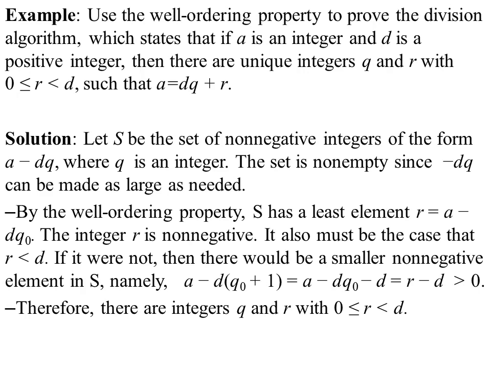Now when you solve this, it leads to a minus dq naught minus d. a minus dq naught we can replace with r, so r minus d will be greater than or equal to 0. Hence, there are integers q and r with r lying between 0 and d minus 1, so that we can represent a as dq plus r. Hence, it is proved.